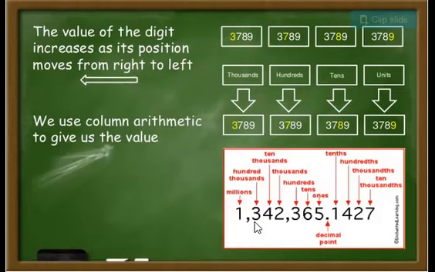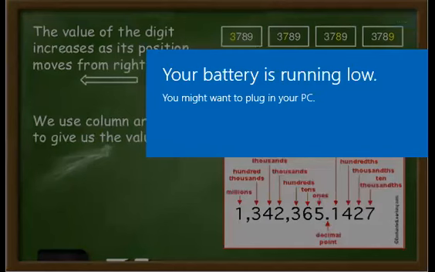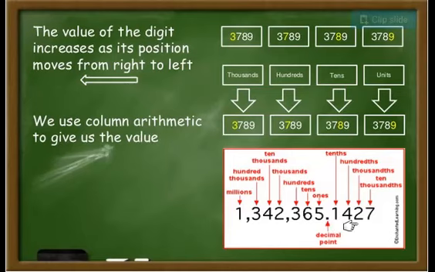Down below you can see one more example, with the decimal system: 1342,365.1427. Before the decimal point, you can see on your screen, 5 is in the ones place.